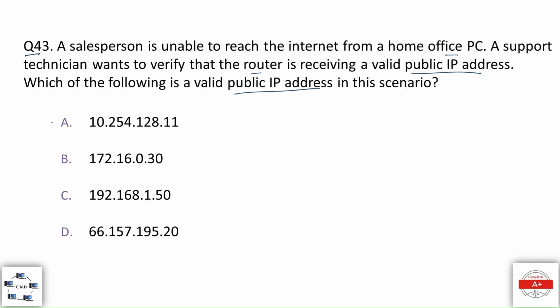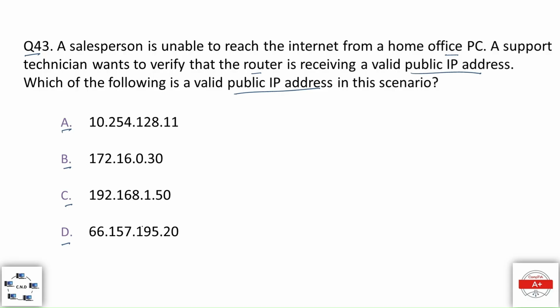The options are: option A, 10.254.128.11; option B, 172.60.0.30; option C, 192.168.1.50; and option D, 66.157.195.20.